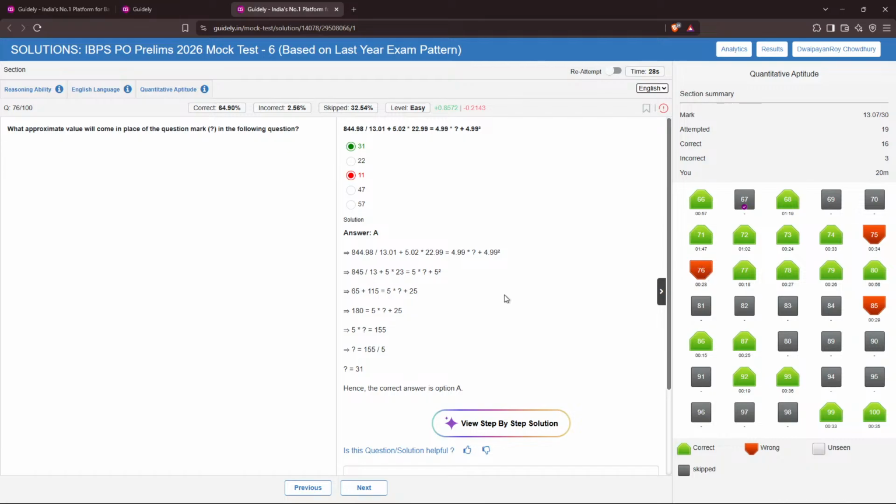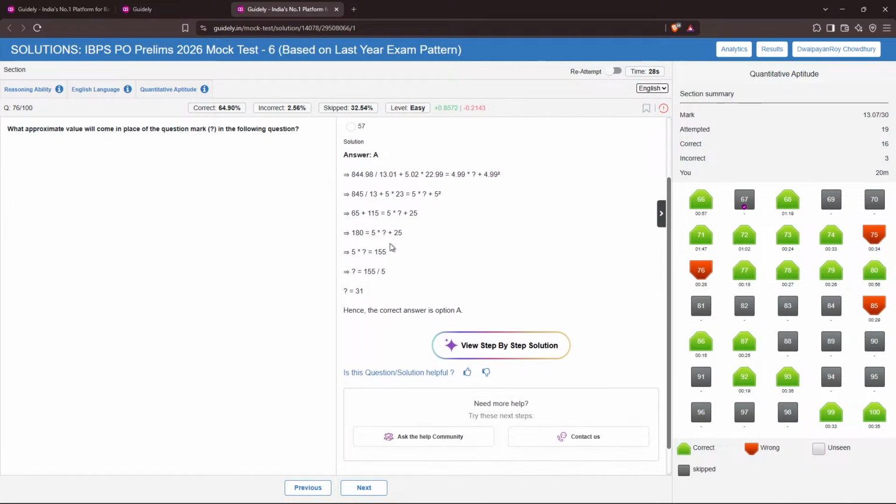It was 155. Calculation. Okay. It was 76th. Right. 5x. Okay. This is going to be 65 plus this plus. Okay, this is square. I read it as cube. So that's why my answer came to be 11.